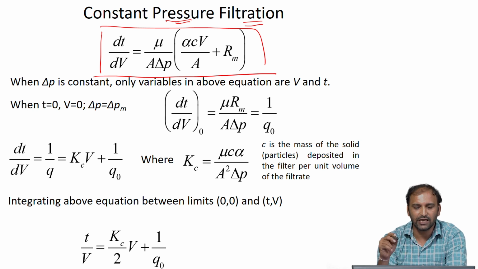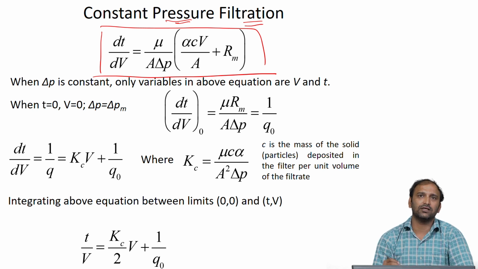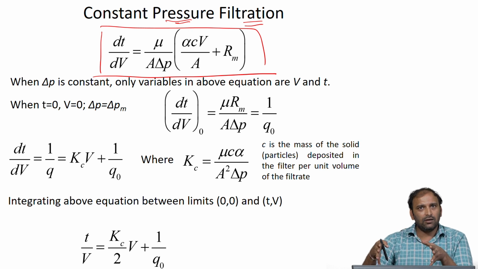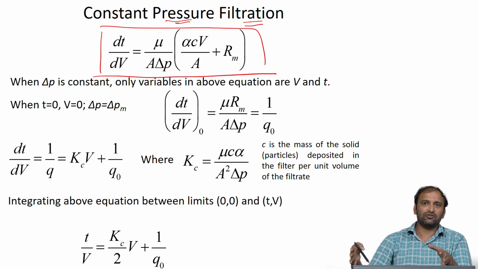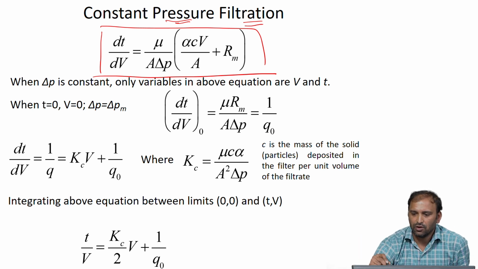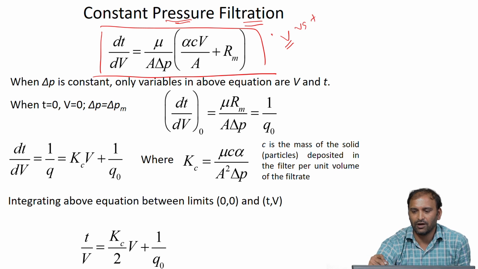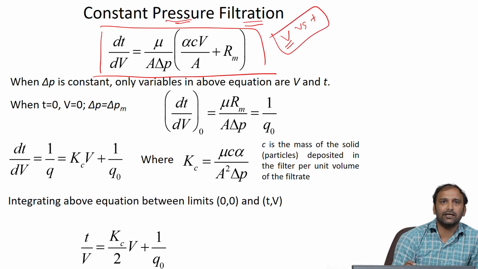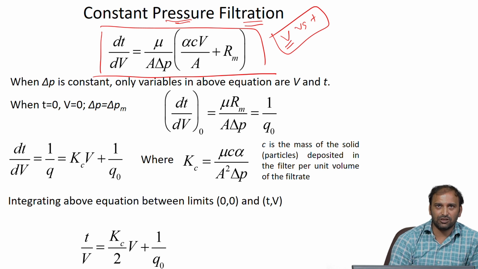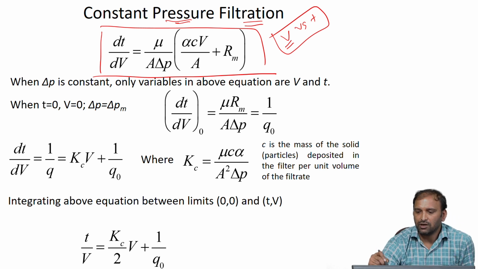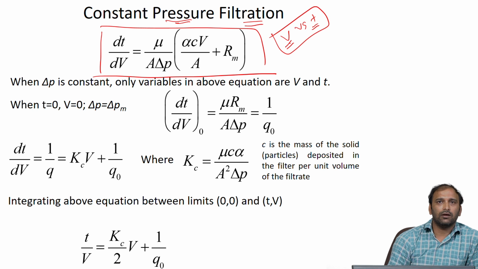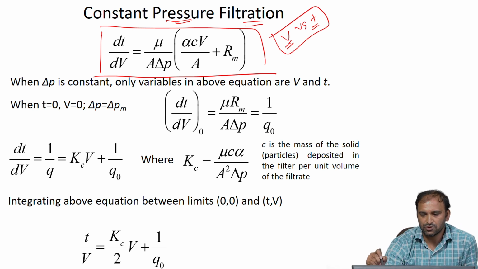In the case of constant pressure filtration, you maintain a constant pressure drop across the filtration process, and then you look at how the volume of the filtrate that I collect varies as a function of time. Therefore I'm interested in developing an expression in which t and V are my variables.